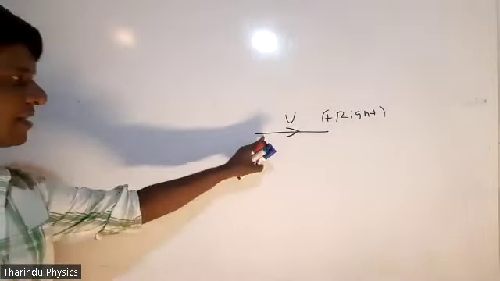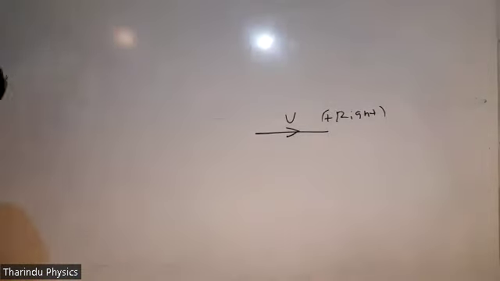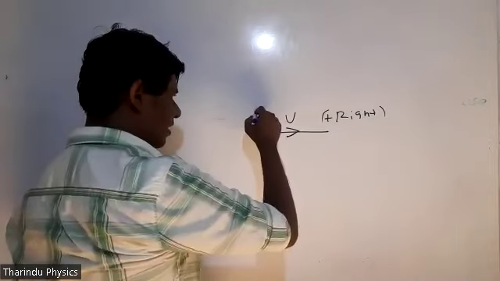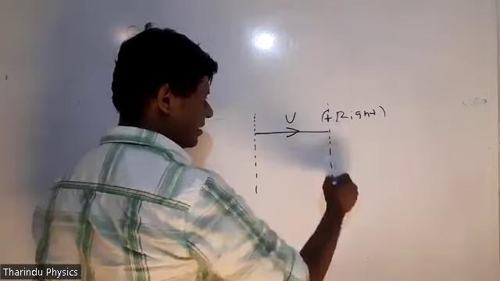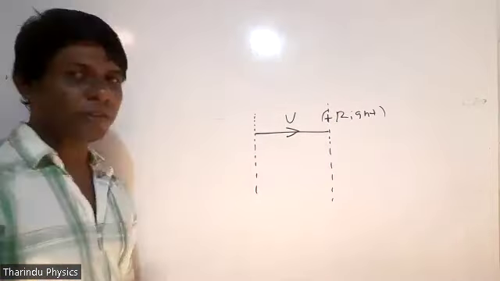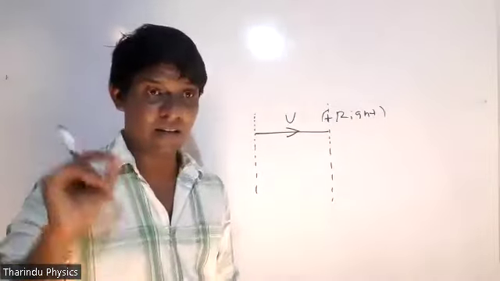If there is a vector exactly like this, it should have the following properties. Number one, both vectors should be of the similar type.